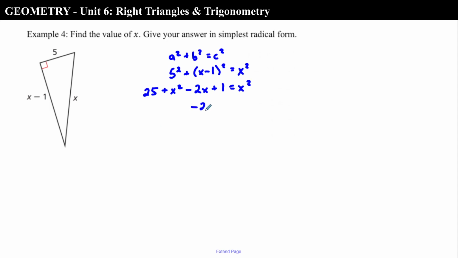So that leaves us with negative 2x plus 25 equals 0, and it's 26 because we added the 1. So negative 2x plus 26 equals 0. We can move the 26 over to the other side. You could move the 2x if you wanted to. And divide each side by negative 2. And we get x is 13.